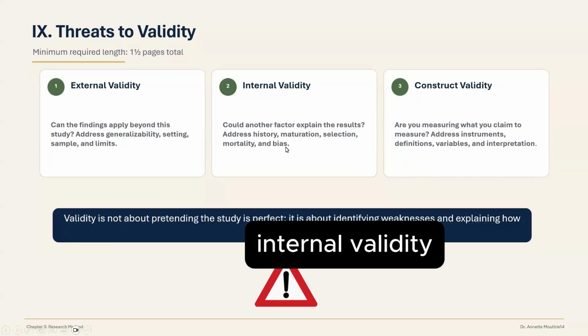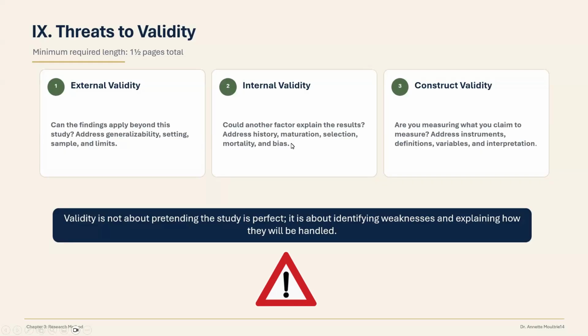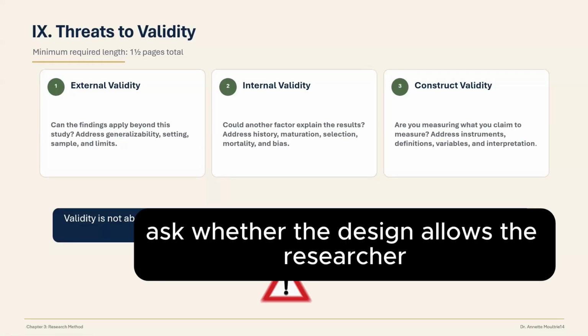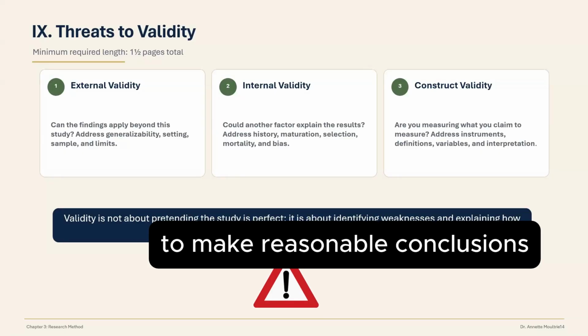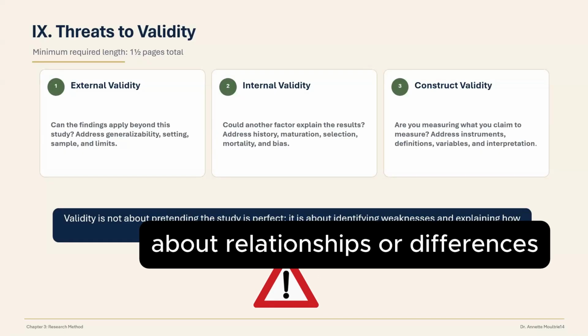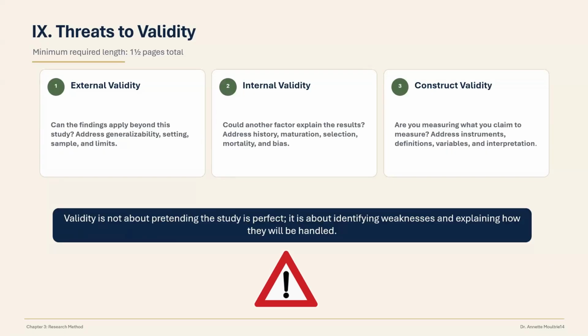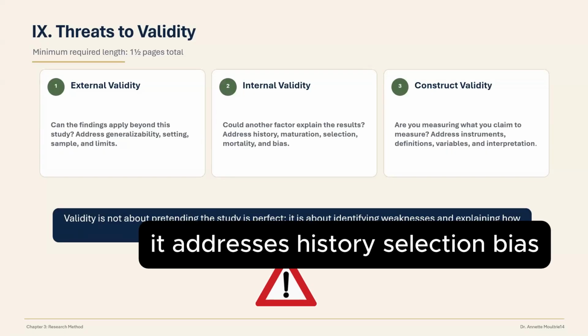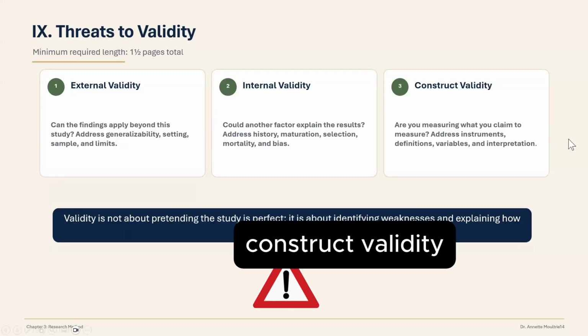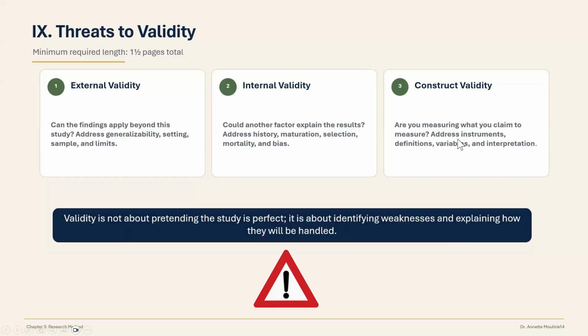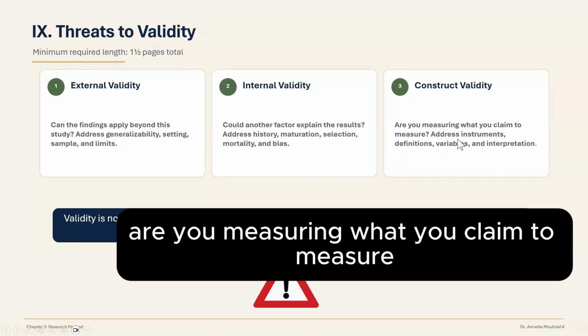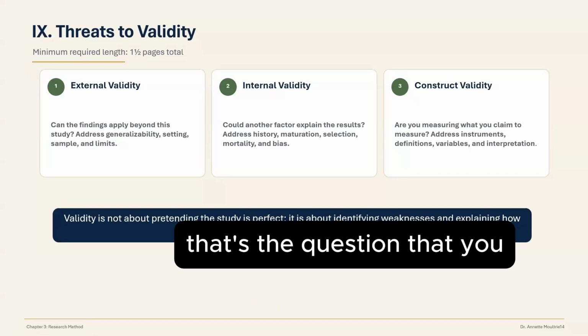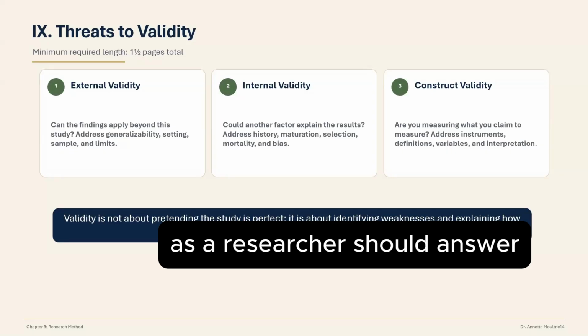Internal validity asks whether the design allows the researcher to make reasonable conclusions about relationships or differences. It addresses history, selection, bias. Construct validity: are you measuring what you claim to measure? That's the question that you as a researcher should answer.